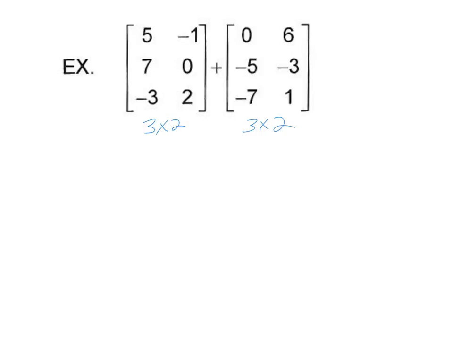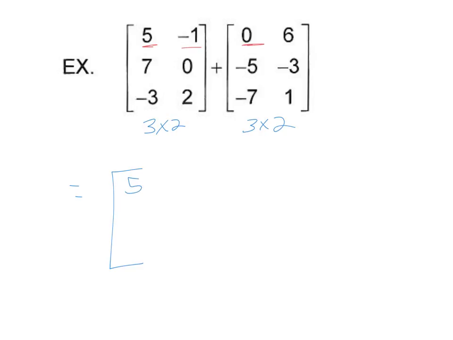And then you simply add or subtract the entries that are in the corresponding positions. So to add these 2 matrices, for example, I would add 5 plus 0. Those are both in the upper left-hand corner.